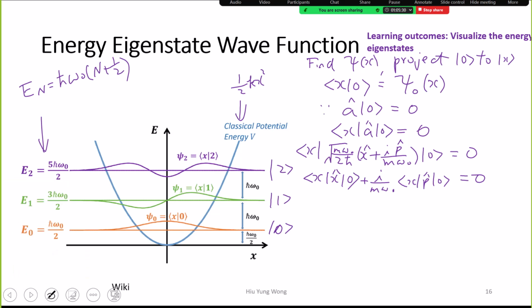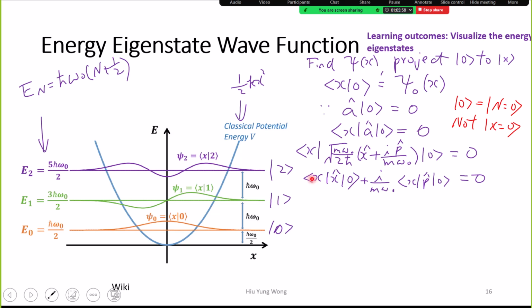Some of you should remember this 0 means n equal to 0, not x equal to 0. This is the number eigenstate 0, because I want to project n equal to 0 to x. So I cannot apply this to here easily, because this is n equal to 0, not x equal to 0, but I can apply it to the left.